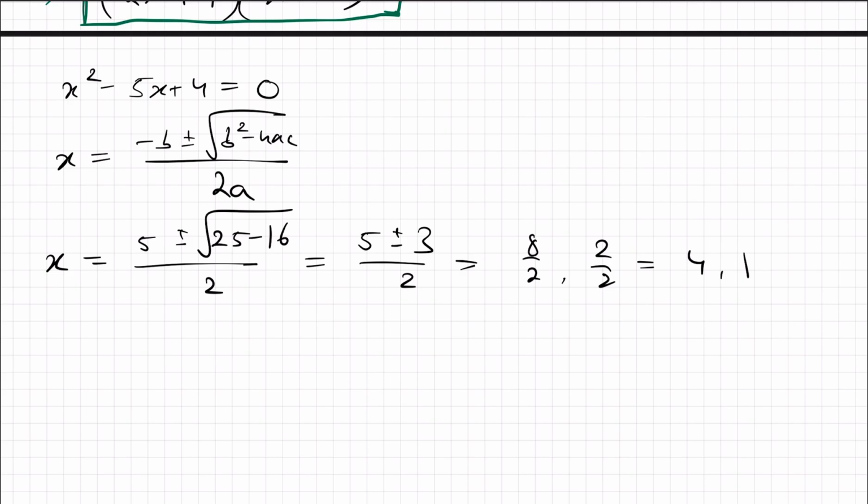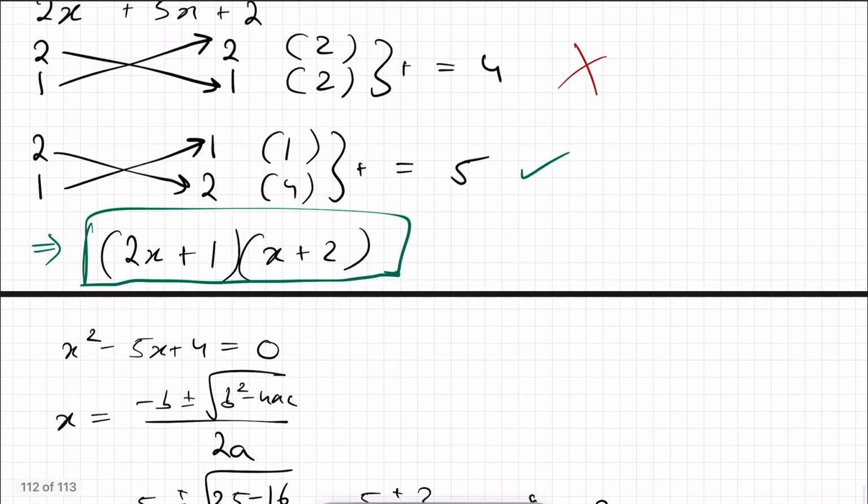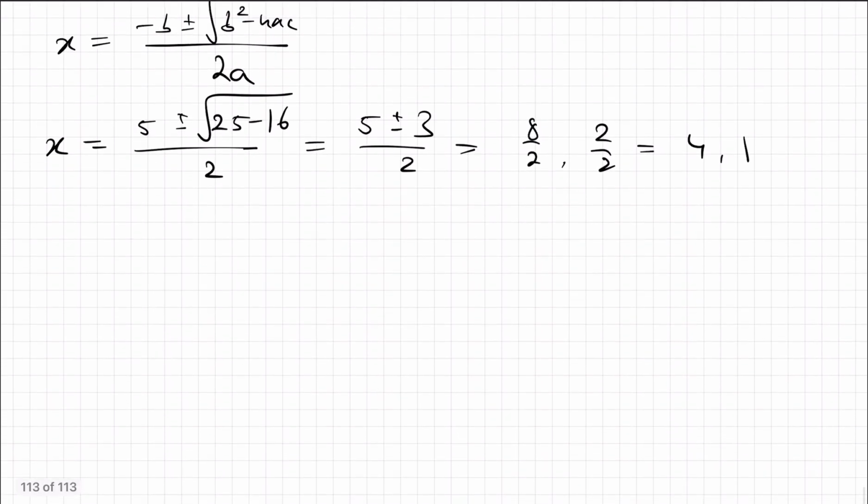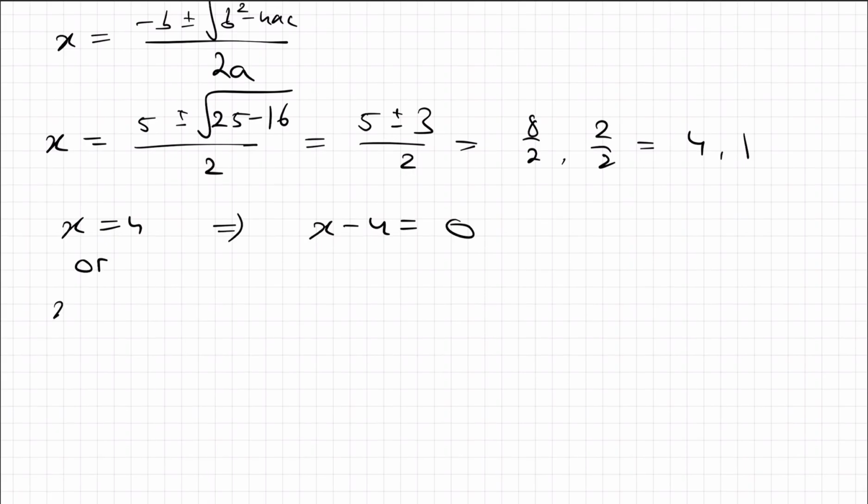And now with these solutions, remember how we work out these solutions from the factored form is to set each bracket equal to 0. So let's do this in reverse. We know x is equal to 4. So with that equation, we want to get 0 on one side. So we get x minus 4 is equal to 0. And we also get x equals 1. So therefore, x minus 1 equals 0.